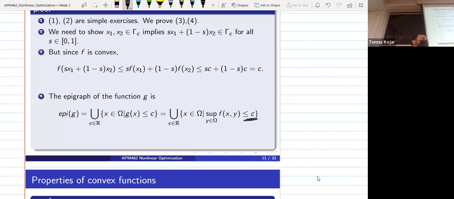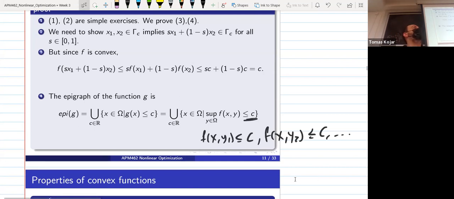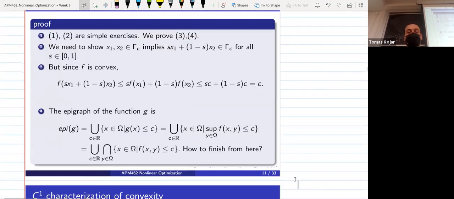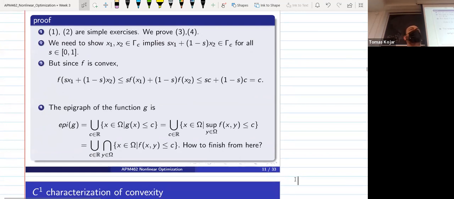So just take 2 points, not to confuse yourself. It says that f of x y1 is less than c, f of x y2 is less than c, and so on. So they're all less than c. So you can take their intersection because you're asking that for all of them, right?